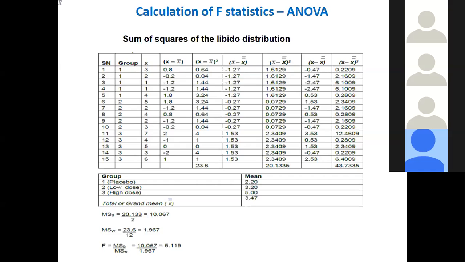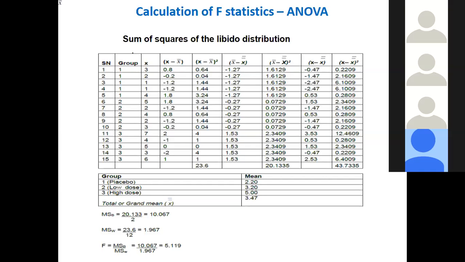The grand mean and the individual group means. Is it the individual group mean or the individual value?